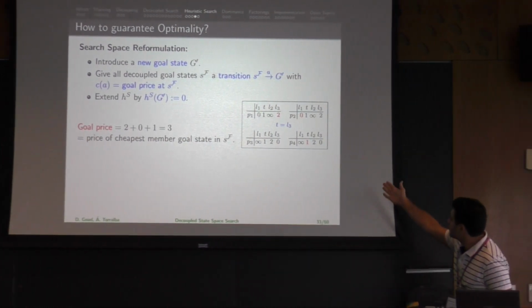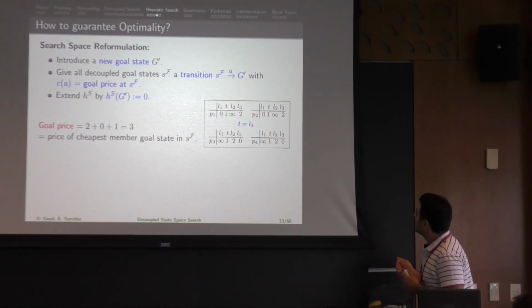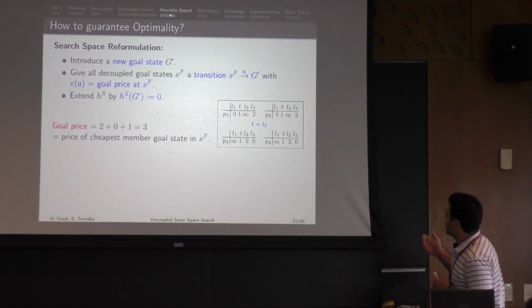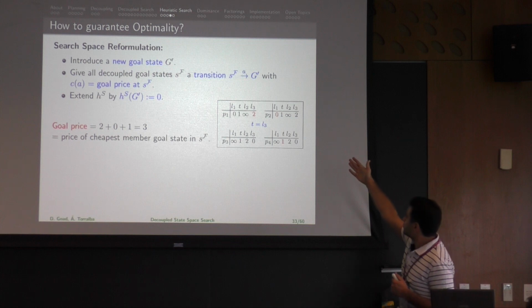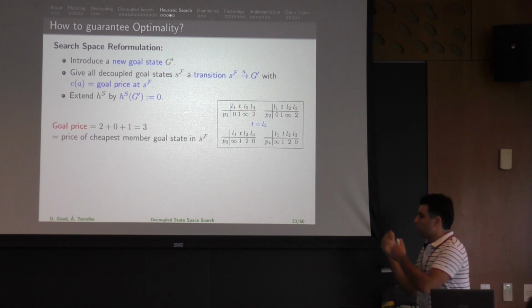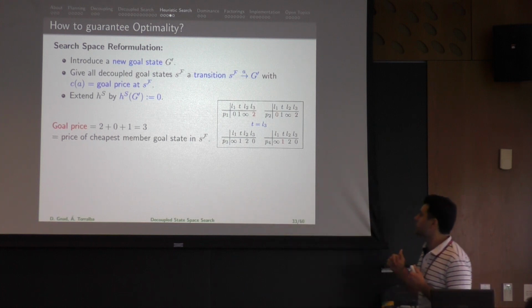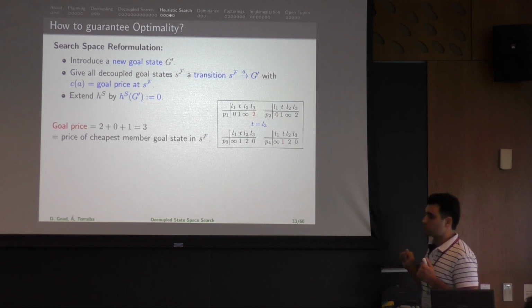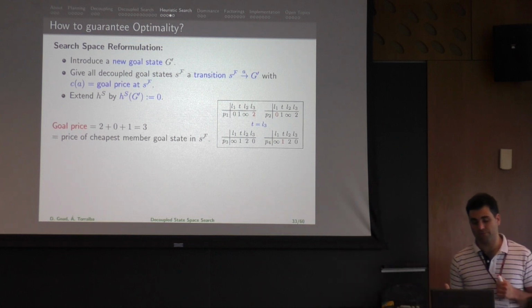We have this state that achieves our goal. In this case, our goal was to have package 1 at location 3, package 2 at location 1, and package 4 in the truck. So the cost of this auxiliary action here will be 3, because we can buy all these facts by a total cost of 3.